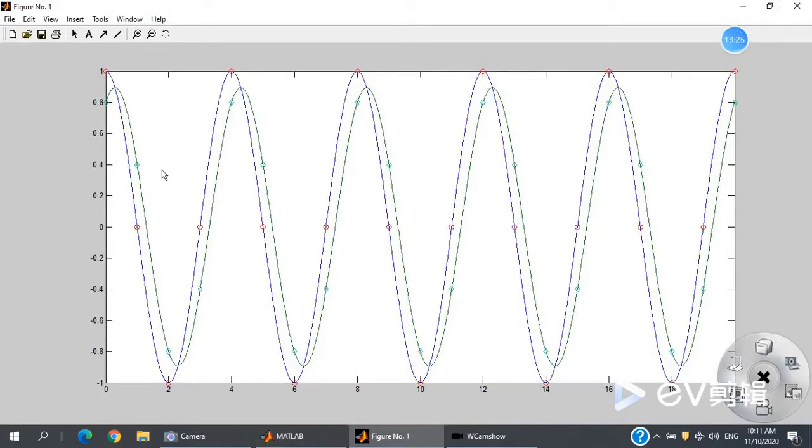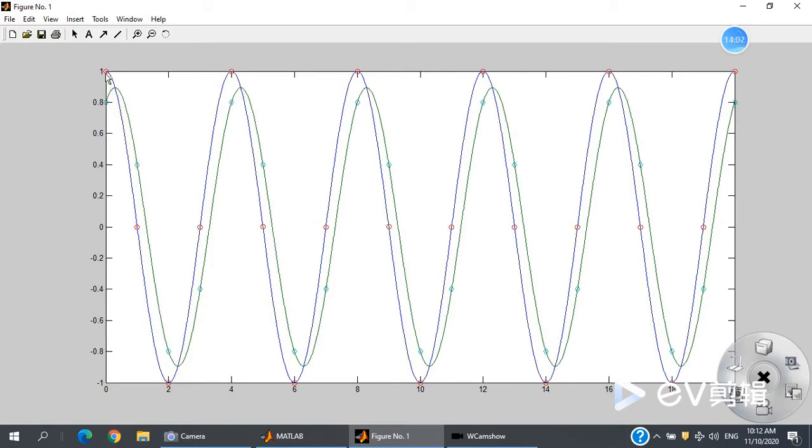We have the blue one with red circles. They are the original signal, x of t and x of n. X of n is the original signal. X of t you can think of as the signal behind the discrete time signal, right? We have a continuous time signal, and those circles you can think of as samples from the blue curve, right? And then we go into the system. The output will be these diamonds, these green lines.